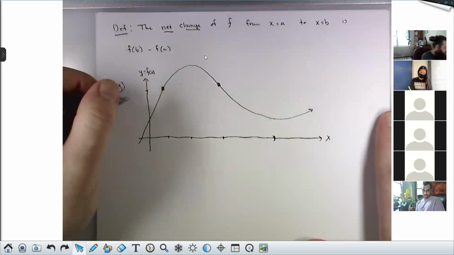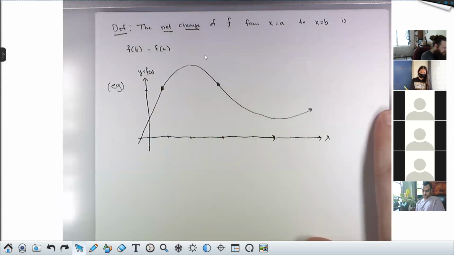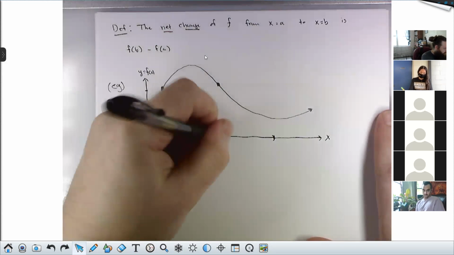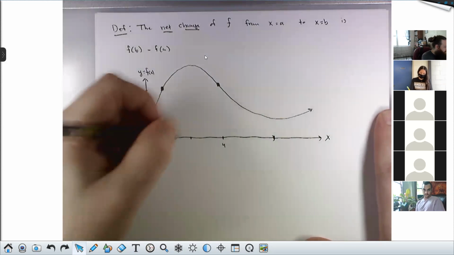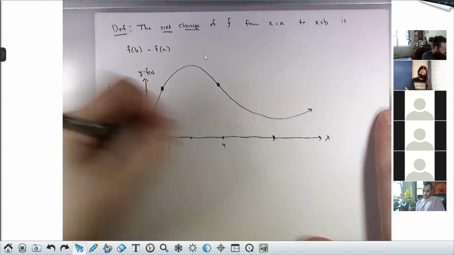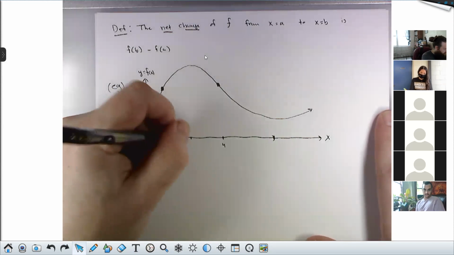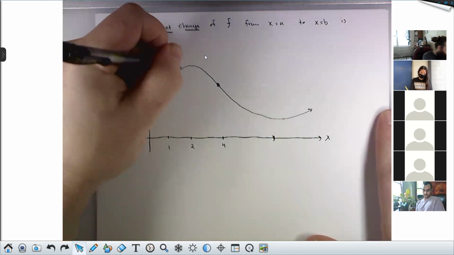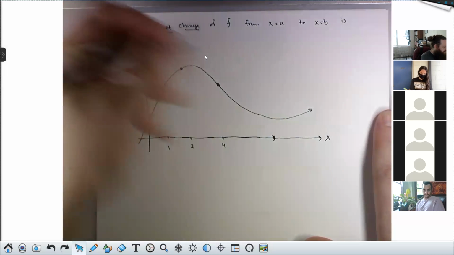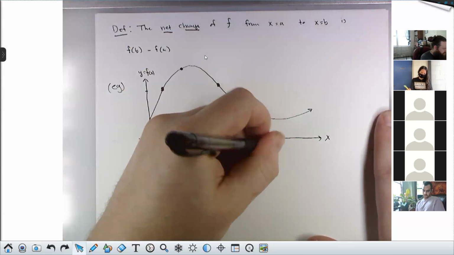And I'll just make up some distances for these. Let's call this 4. Let's call this 1. Let's call this... It's not quite perfect, but then, okay. And let's call this over here 6.